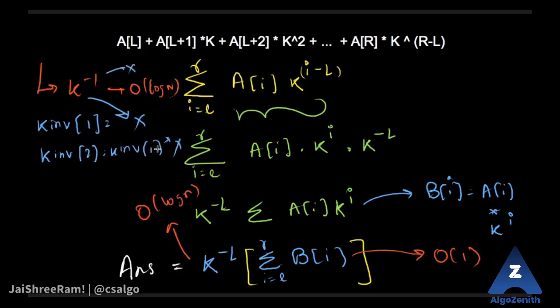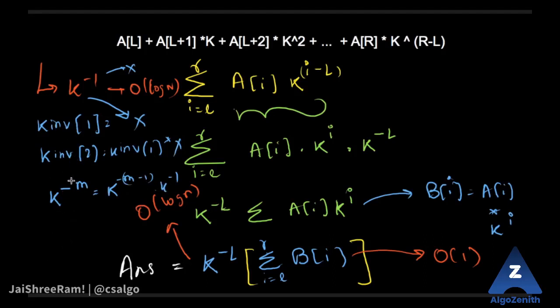You just multiply this value over here. So we know that k to the power minus m is equal to k to the power minus (m minus 1) multiplied by k to the power minus 1, right? And this k to the power minus 1 is x, so you know that. And this you can calculate from the previously calculated value. So you can take that in order 1 and take this in order 1, and you can multiply and take modulo and just keep the value of k inverses in an array.